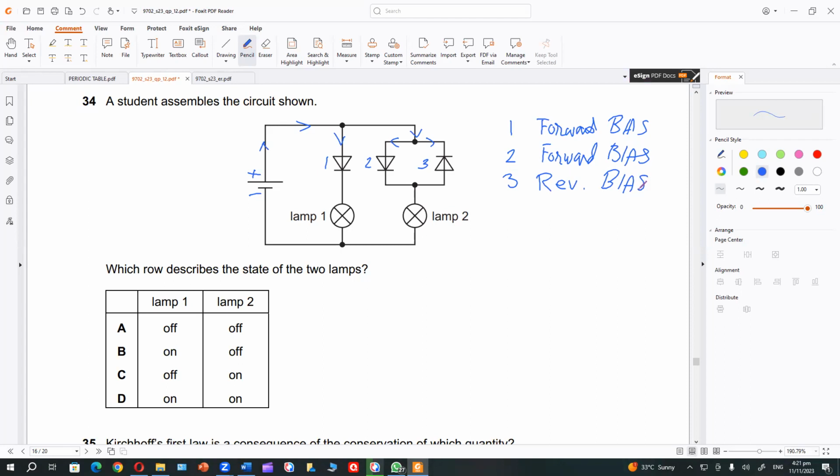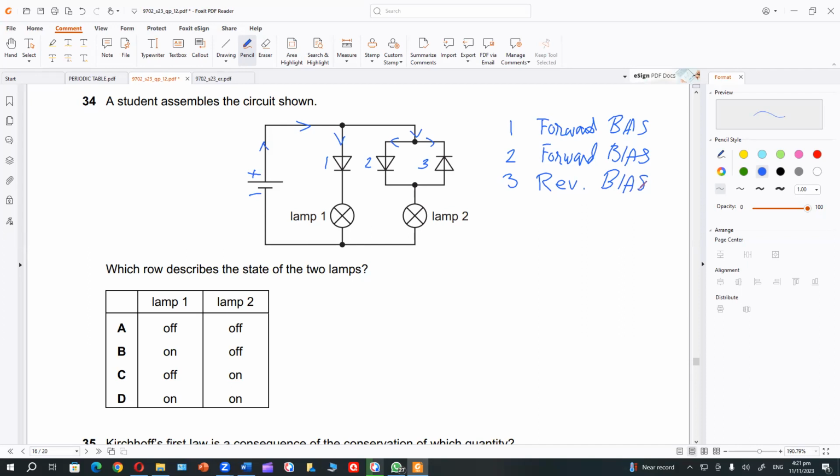Which row describes the state of the two lamps? So lamp 1 will get the current. Lamp 2 will get some current from 2, but it won't get the current from 3. But both will still get current, so it will be D, they're both on.